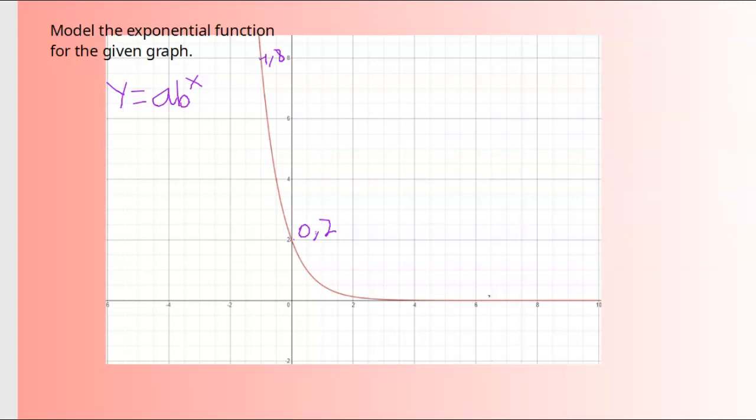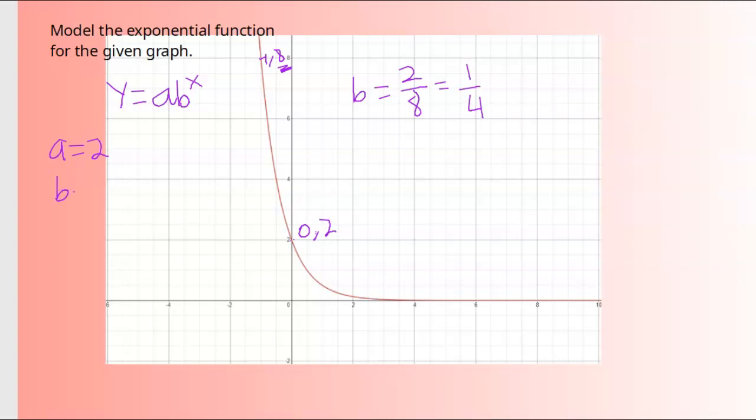So here we see that there is a decay. It's dropping down. We know our a is equal to 2. For us to get our b, we know that it started from here and it's coming down. So to get a ratio between these two numbers, the bigger one has to go up, so 2 over 8, and that gives us a quarter, 1/4.